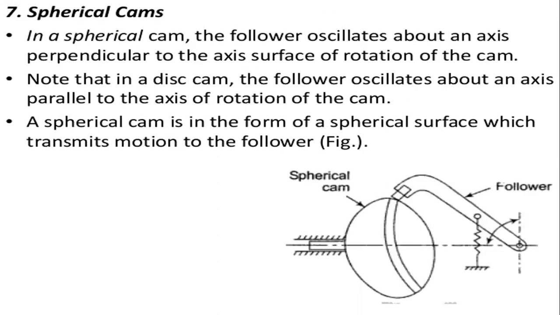In the picture you can see the difference there. This is the follower and this is the spherical cam. This is the groove which is cut on the spherical cam, and the follower moves in this groove only. So this is the spring motion.